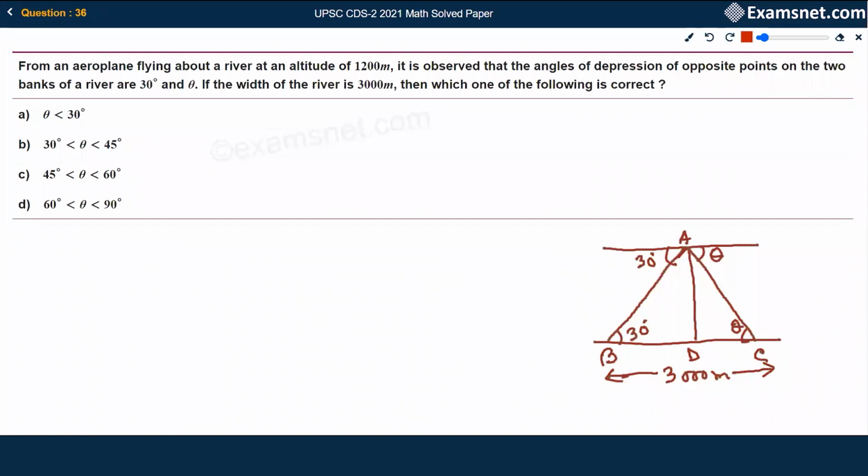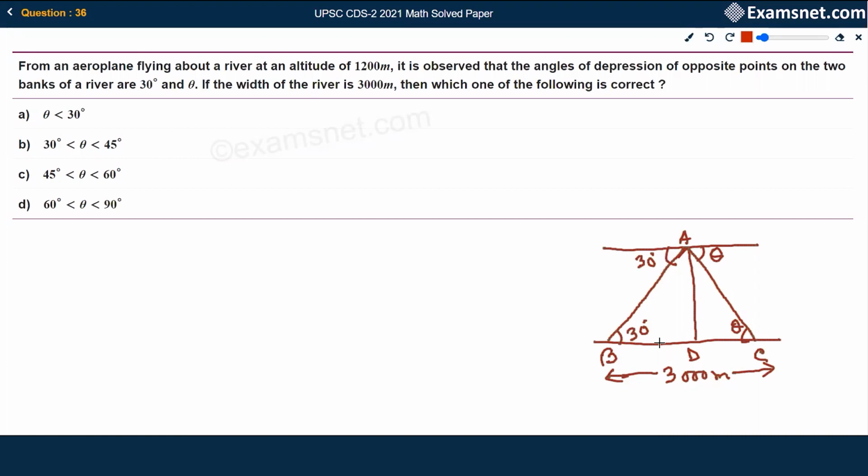In question number 36, it is given that from an aeroplane flying above a river at an altitude of 1200 meter, it is observed that the angles of depression of opposite points on the two banks of a river are 30 degree and theta. If the width of the river is 3000 meter, then which one of the following is correct?